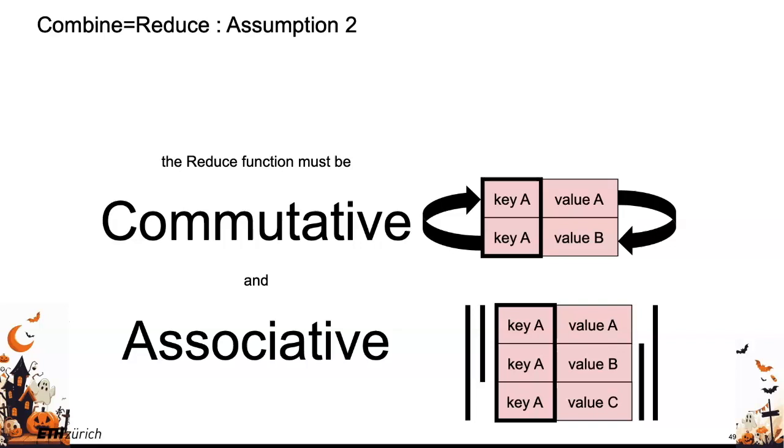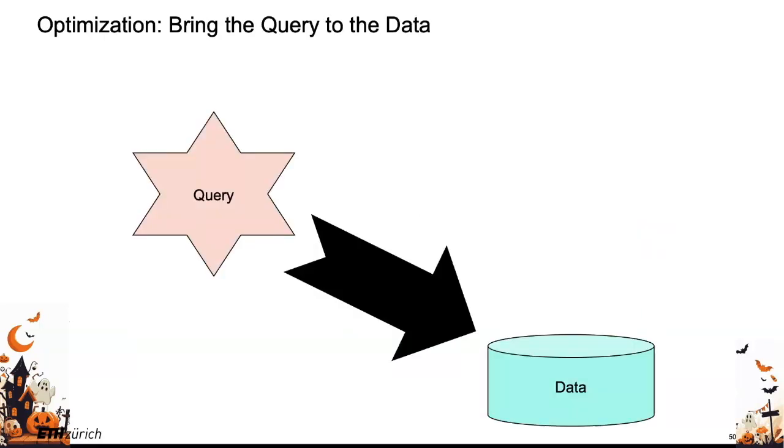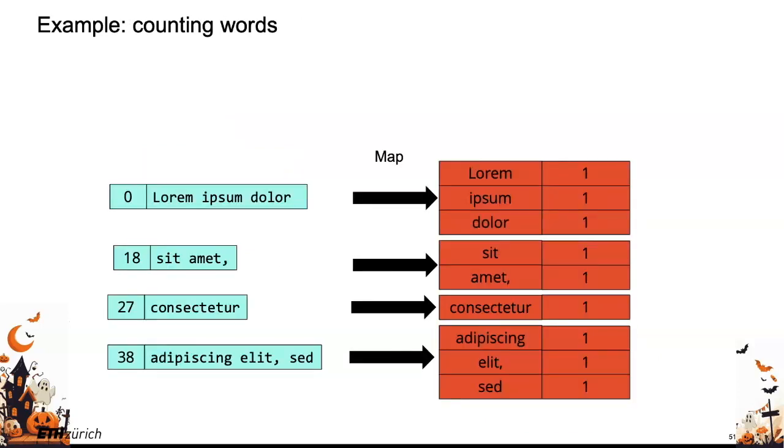Right? That's the idea. All right. So this is the spirit of the optimization of bringing the query to the data, because we aggregate the key values as early as possible, as close as possible to where the data comes from. So let's do it on an example, and you will see it will make sense.